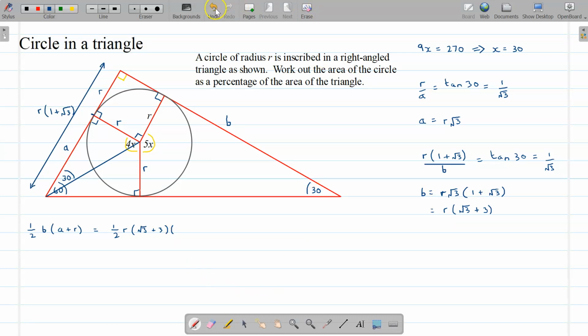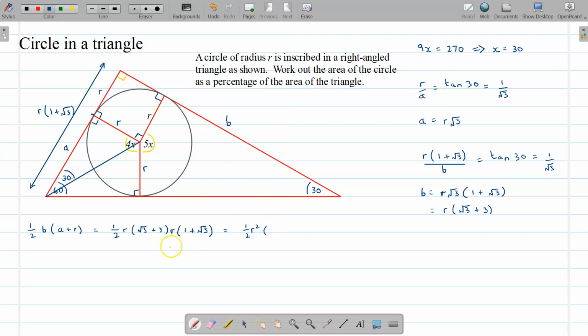I'll just put another r in there as well. So times r times (1 + √3). Now if I rearrange that slightly, that's a half r squared. And then I've got to multiply out the two brackets.